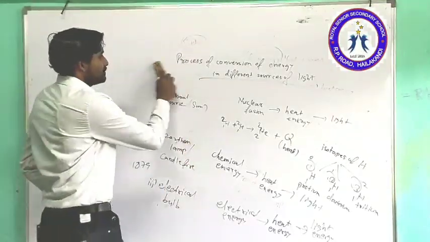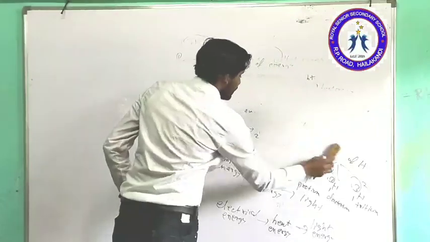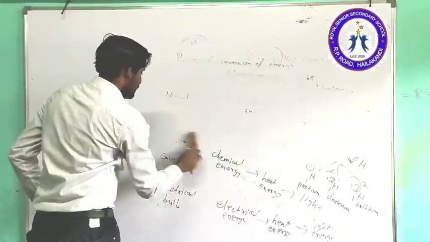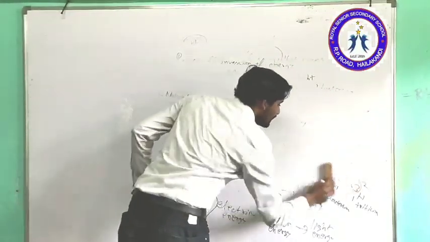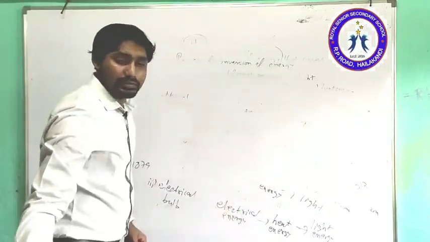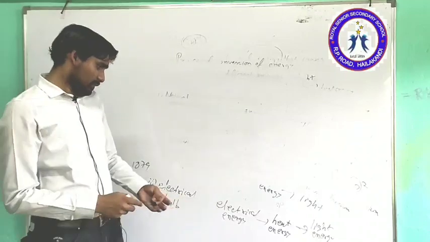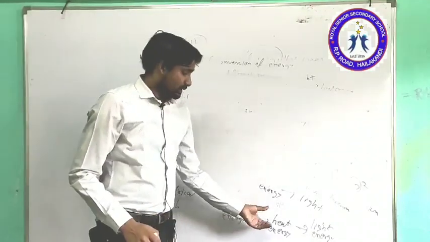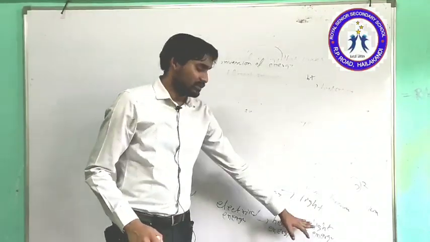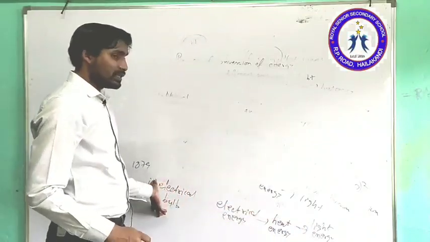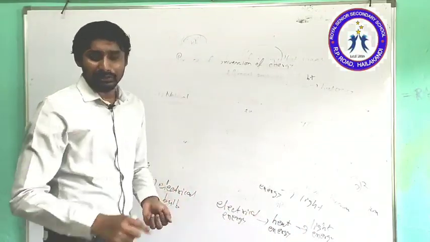So let me erase and tell you that again. Not in all forms of electric bulb is the process of conversion of energy electric energy to heat energy to light energy. I am specifically talking about the old form of electric bulb.